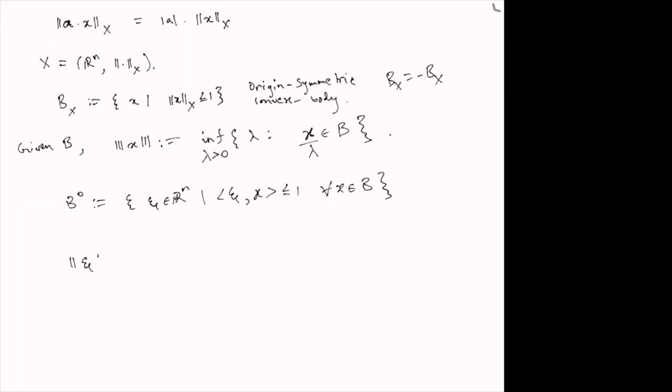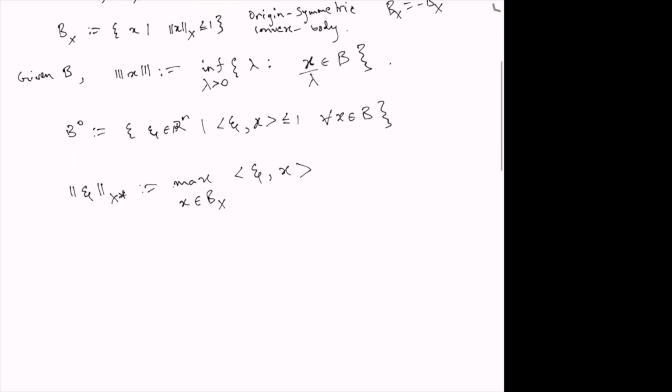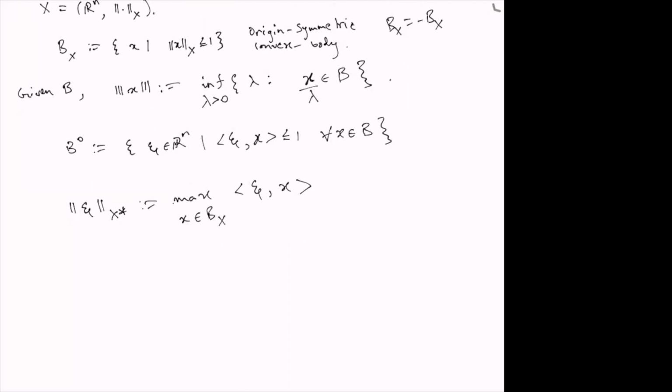The dual norm of a vector c is defined as the maximum over x in the unit ball of X of c inner product little x. It can be easily checked that the unit ball of X star is just the polar of the unit ball of X.